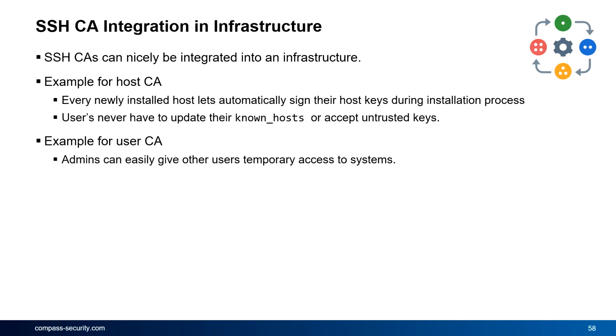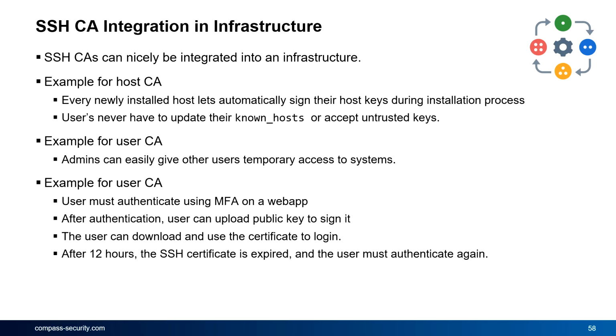An example for a user CA would be that admins can give other users temporary access to systems by using short-living certificates. Another example would be that users first have to authenticate using MFA on a web application. After authentication, the users can upload their public key.